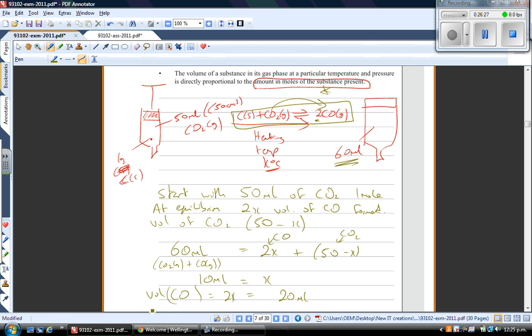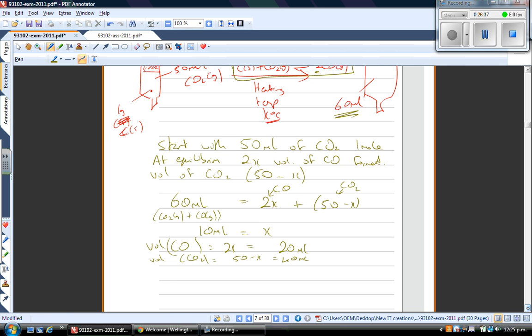And then since your volume of CO2 is 50 minus x, that's equal to a volume at the end of 40 mLs, and that adds up to give you your 60. Now the little catch is that 20 mLs represents 1/3 of a volume of carbon monoxide versus 2/3 CO2.